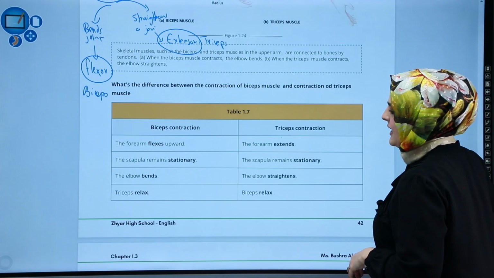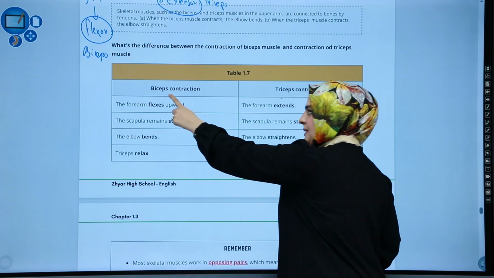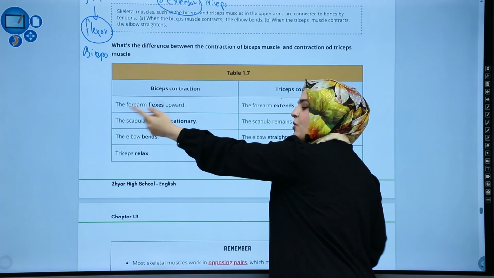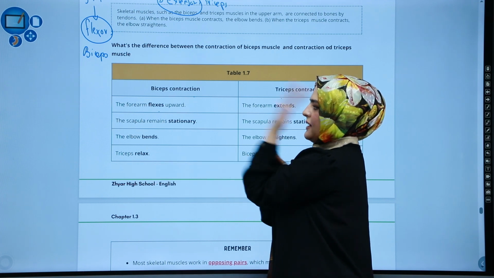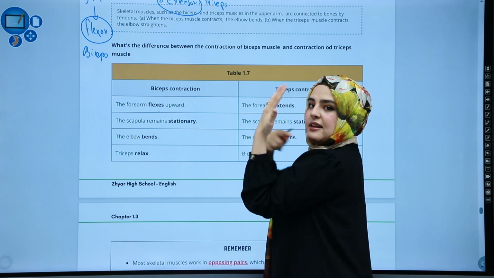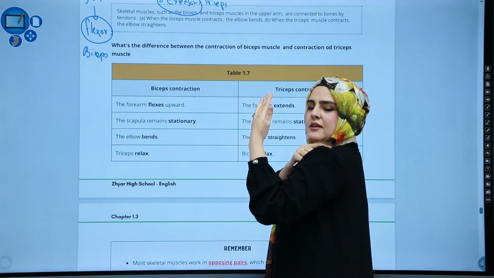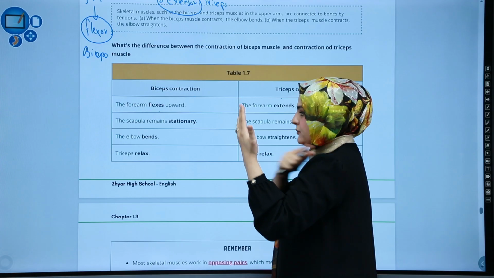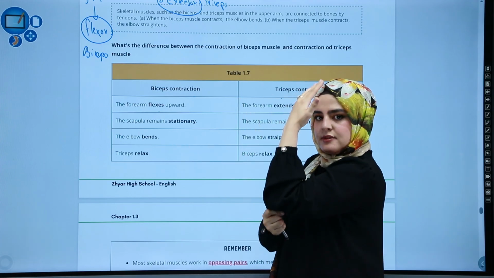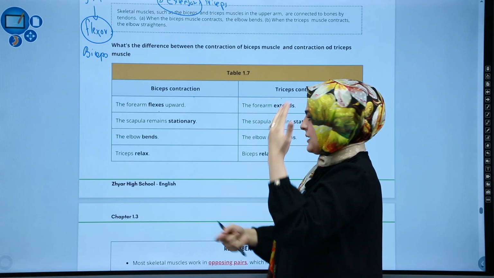So here in the table, it says when bicep contracts, the forearm, this is forearm, from here to here, flexes upward. True. And the stationary bone is the scapula, creating origin. True. And then the elbow bends. Yeah, there's an angle here. It's bending.